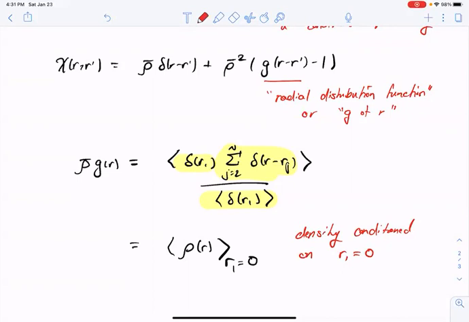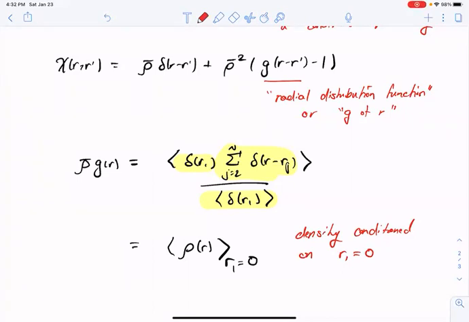We will, next lecture, sketch out some examples of these G's of R's for common states of matter. Indeed, at this point, we've not really assumed anything about the form or the specifics of the system. These are all just ways of characterizing a density field.